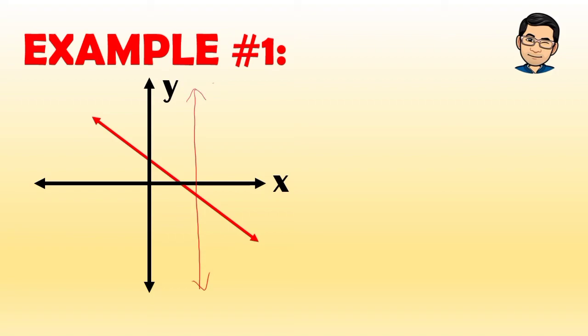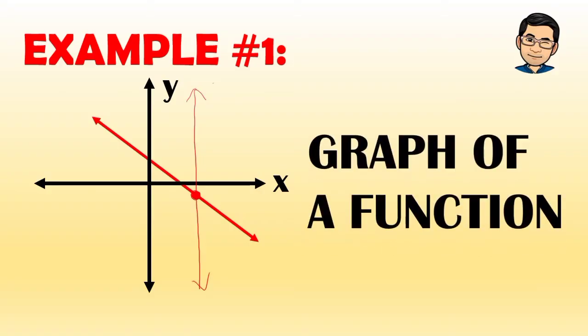Isang beses lang. Itong portion na ito. So, dahil isang beses lang niya in-intersect yung graph natin, therefore, we can conclude that this is a graph of a function. Anong graph siya? Graph siya ng linear function. Again, ang graph ng linear function, yung may degree 1.